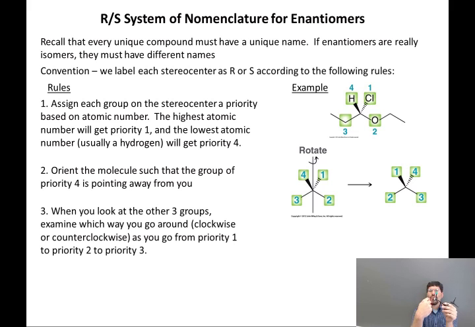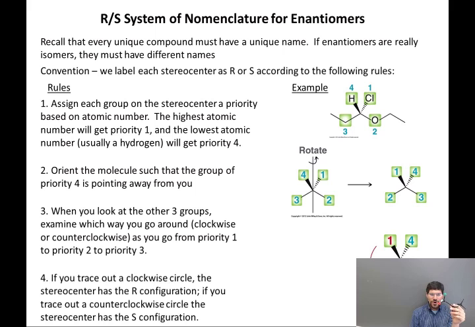As we go from 1 to 2 to 3, we are tracing out a counterclockwise circle. If you trace out a counterclockwise circle, then we say that this stereocenter has the S configuration. So as drawn, this molecule has the S configuration.